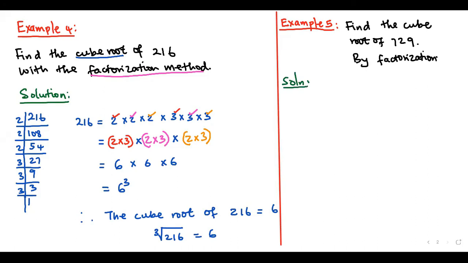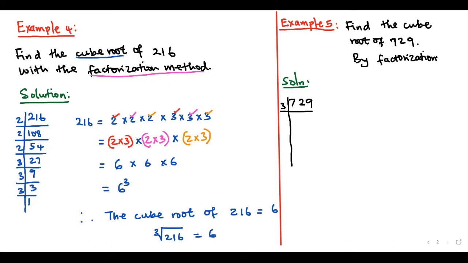Remember, step number 1 is to factorize 729. Okay, let's factorize 729. We cannot divide this by 2, but we can divide it by 3.